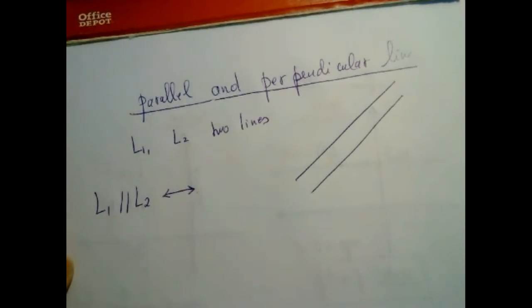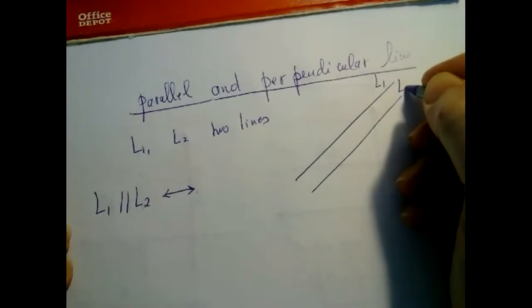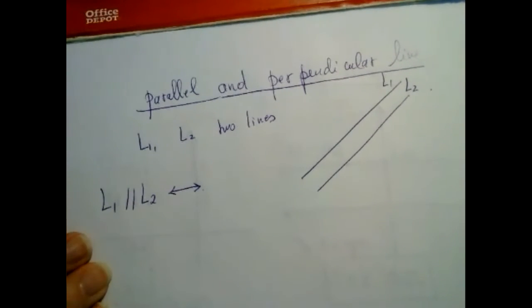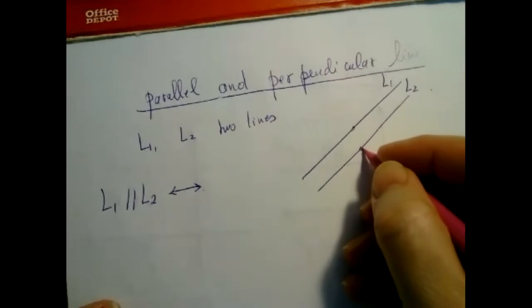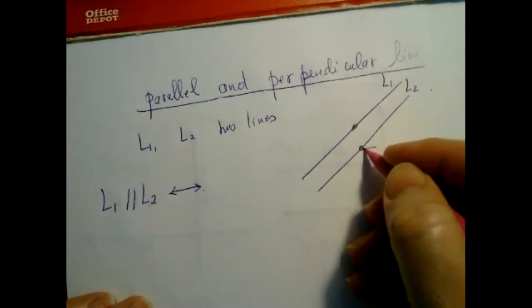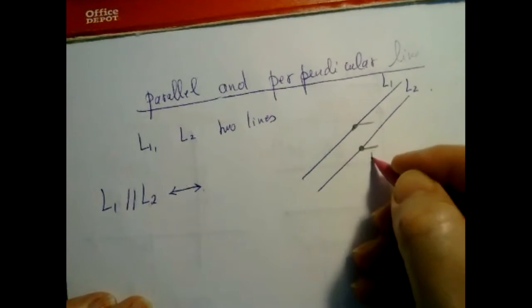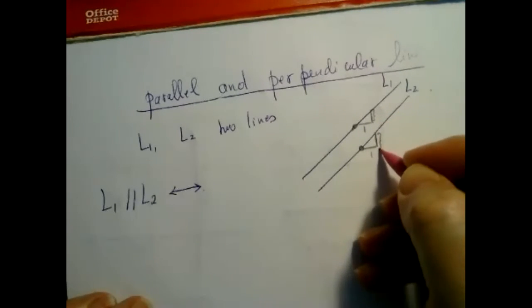what can we say about the slope? This is a line and this is a line. If they are parallel, it means they have exactly the same slope because they have the same steepness. Since they are parallel, if I move by one here or I move by one here, the rise is going to be the same.